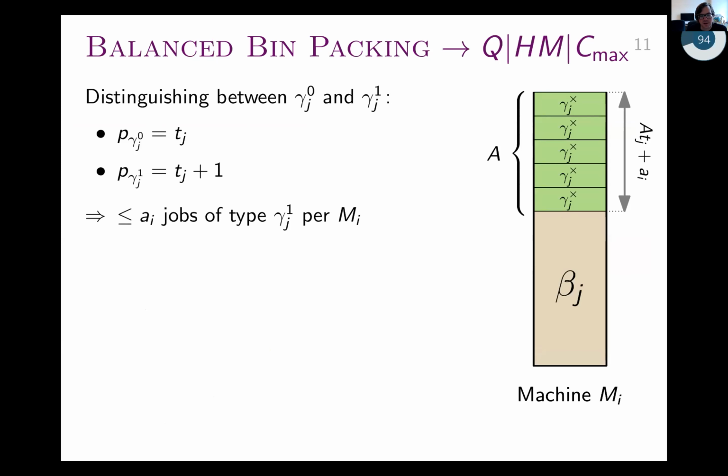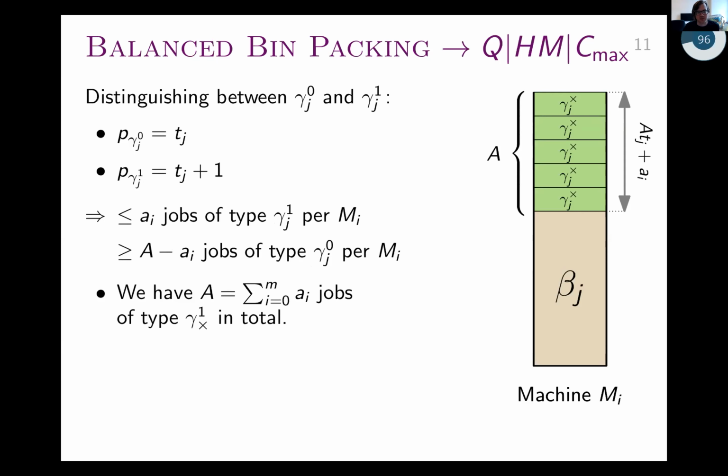And again, it works out so that I can put at most AI jobs of type gamma 1j on the machine MI. This means that I have to put at least A minus AI jobs of type gamma 0j on this machine.